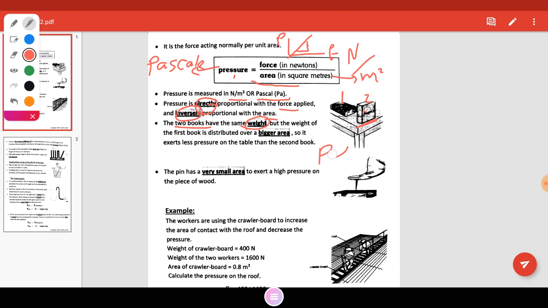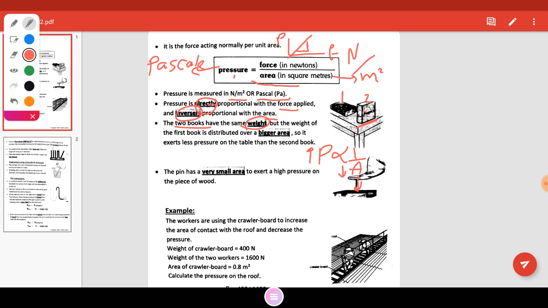Pressure is inversely proportional with the cross-sectional area. This means that when the cross-sectional area decreases, the pressure increases. This is a small area, so the pressure acting on it is big.